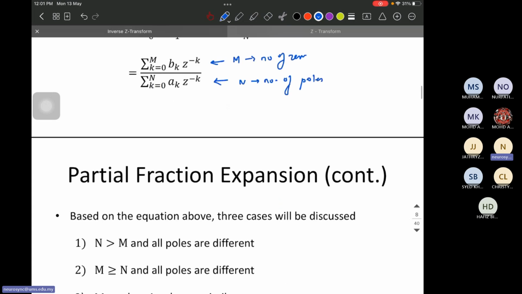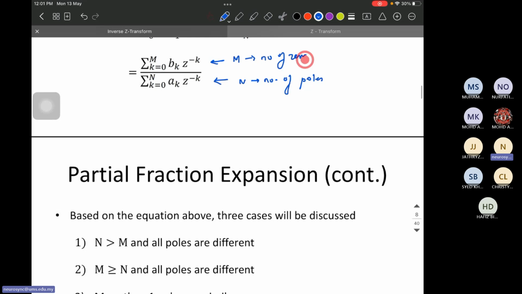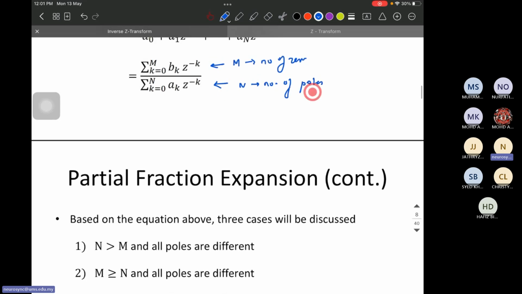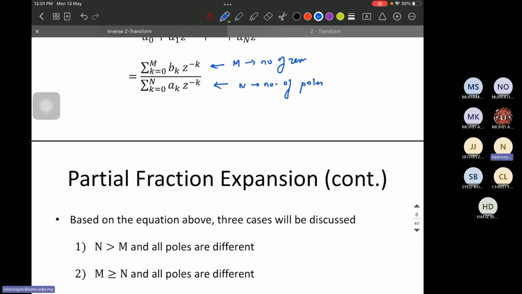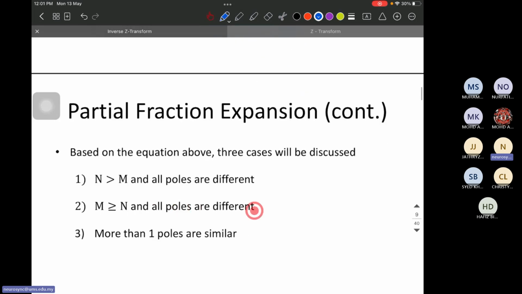One is where the number of poles is greater than the number of zeros and all poles are different. The second case is where the number of zeros is greater than or equal to the number of poles and all poles are different.